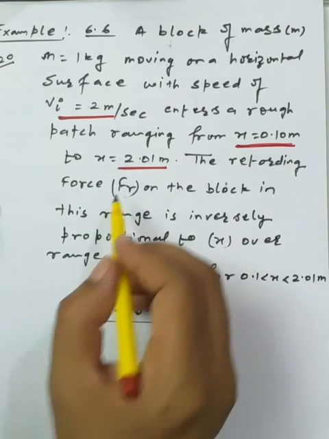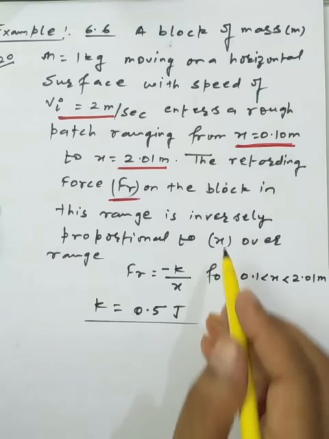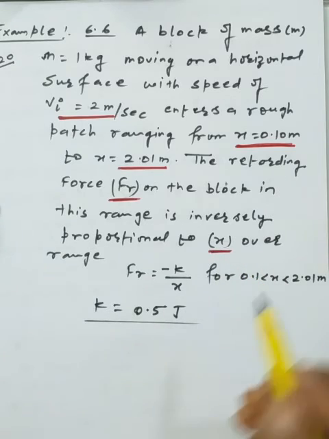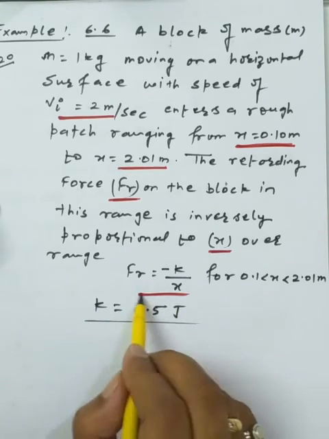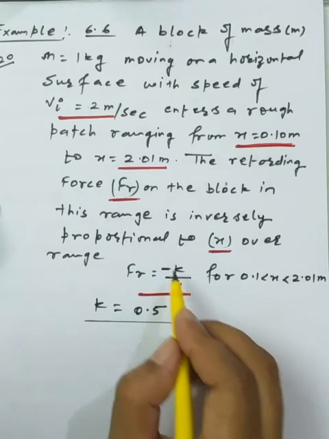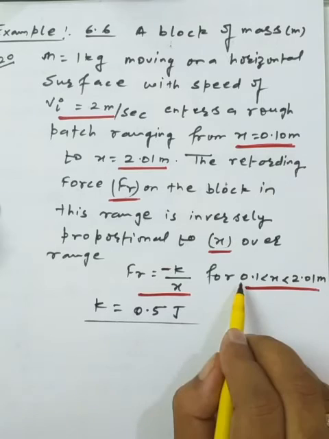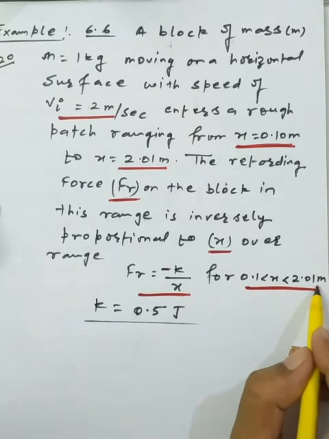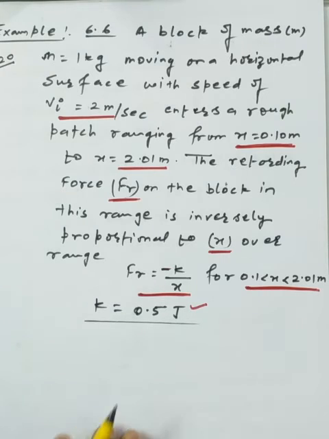The retarding force, which is a type of friction on the block in this range, is inversely proportional to x, that is, it changes with length. The retarding force is equal to minus k upon x, for 0.1 less than x less than 2.01 meter, and k is given in joules.